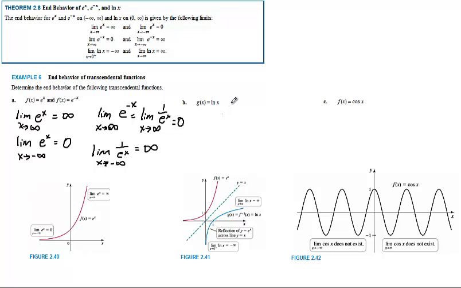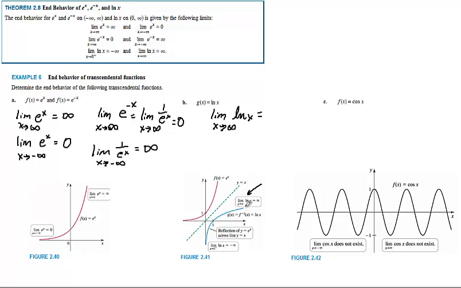Next, I'm looking at the natural log of x. They want to remind you that natural log of x is the inverse of e to the x. This one is a little bit different. We can look at the graph of natural log of x, which is the blue. So I'm going to look at the limit as x goes to infinity of natural log of x.